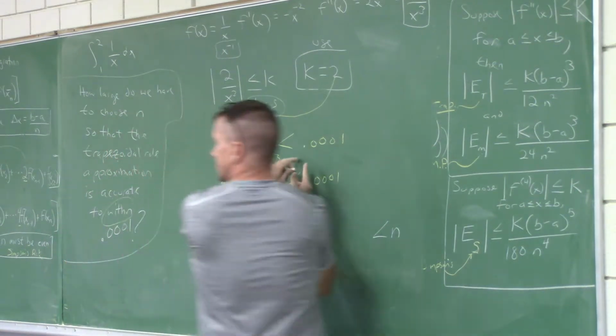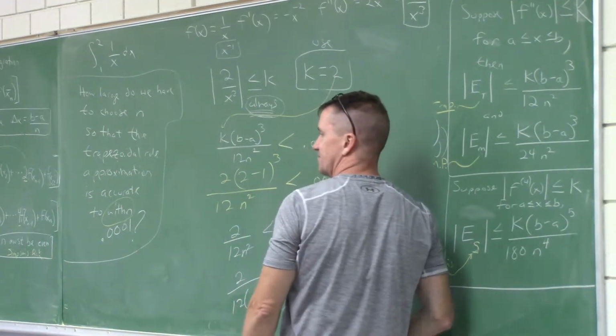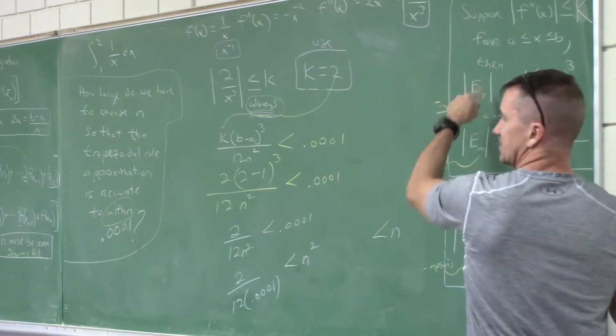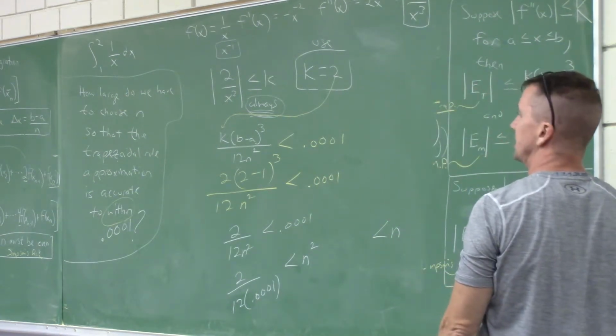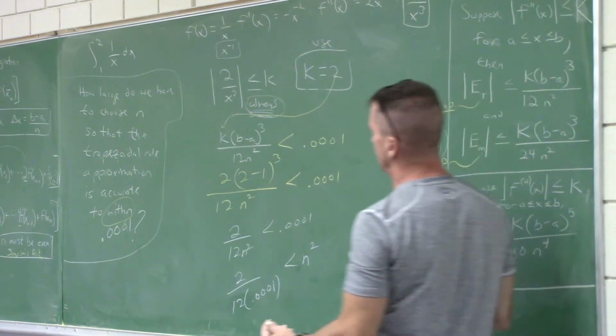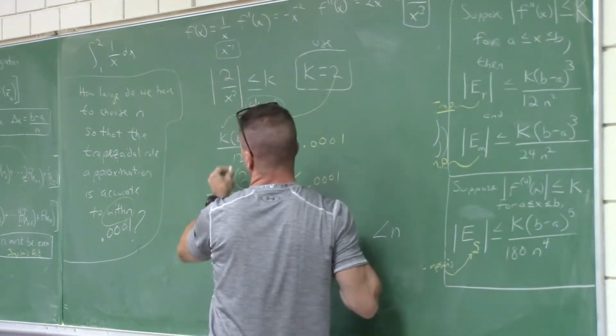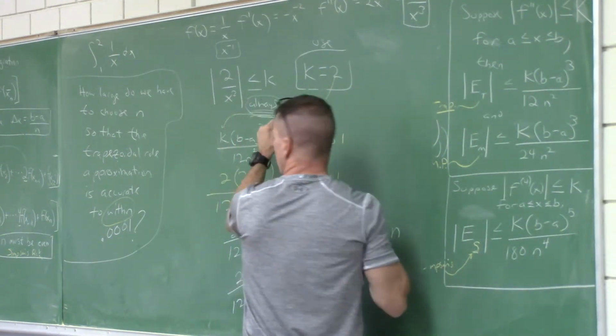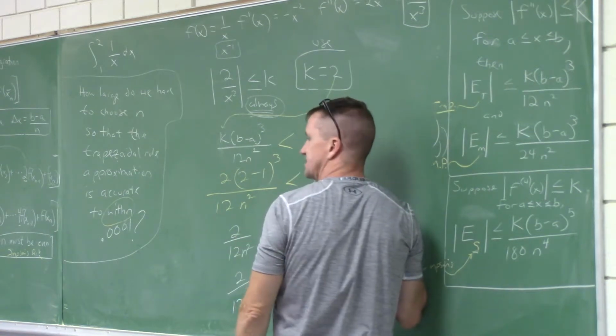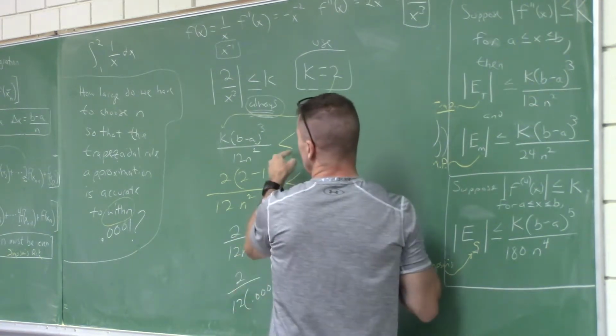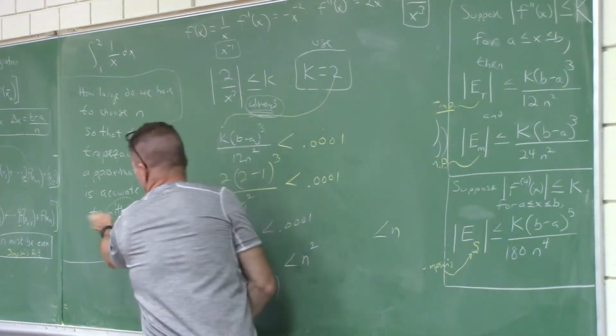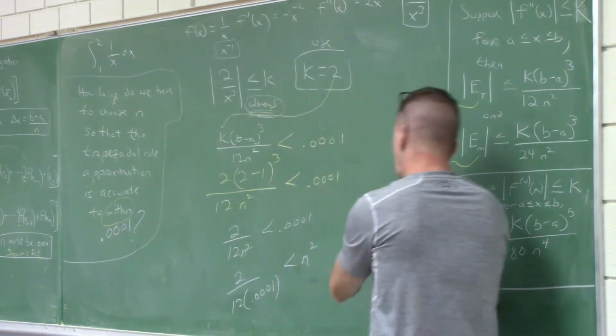So that's why I'm using less than this. I know it can be a little confusing, but the whole idea is, hey, this is my error bound, and I want to know what n has to be within the error that they state. Great question. The only reason I didn't put an equal is because they said within. So in the end, I can just go n is greater than some number.